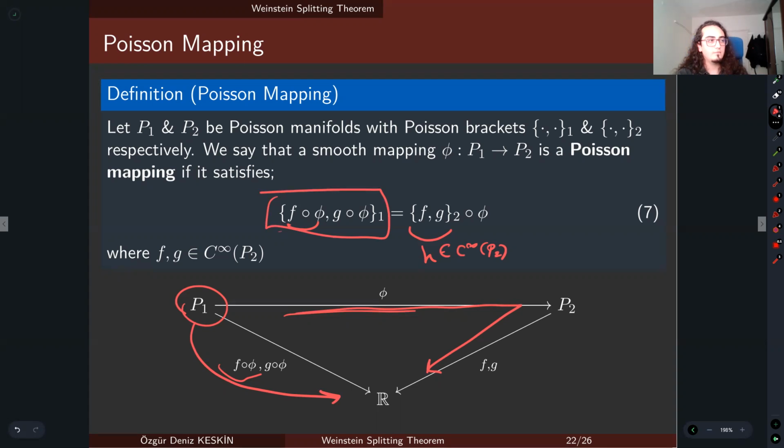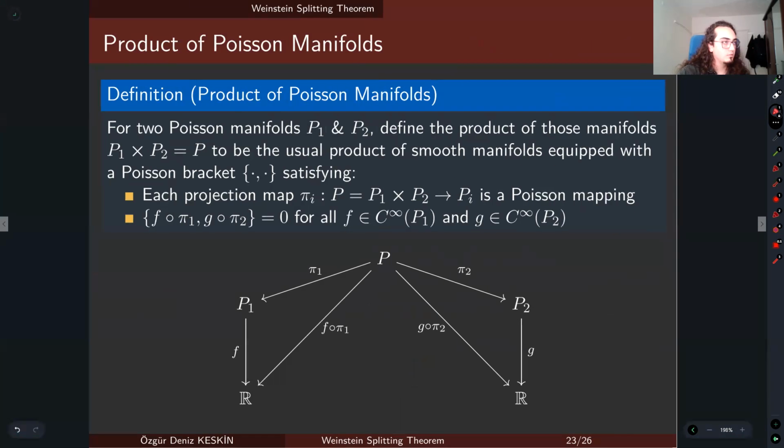If it is satisfied, we say that phi is a Poisson mapping. And we can also take the product of Poisson manifolds. It will be the usual product of smooth manifolds equipped with a special Poisson bracket, which means each projection map must be a Poisson mapping. And for all f defined on P1 and g defined on P2, their compositions with the projection maps must Poisson commute, which means their bracket must be 0.